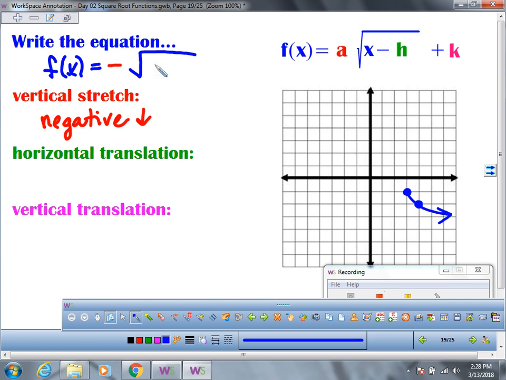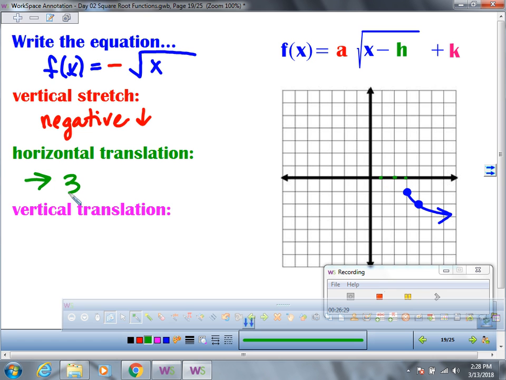My x is here. Then my horizontal translation is over 1, 2, 3 to the right 3, which makes this a -3. And then my vertical translation is down 1. So it's going to be a -1 on the outside of the square root sign.